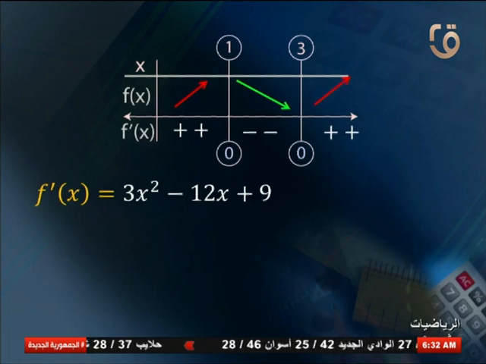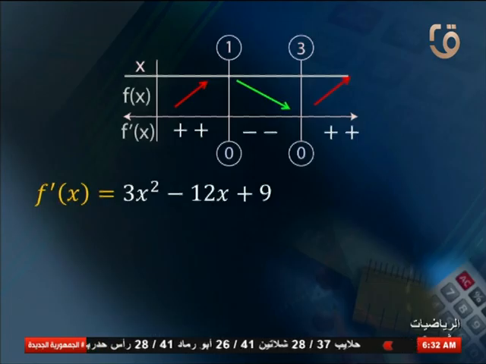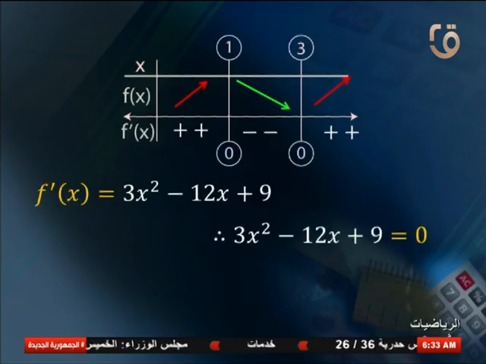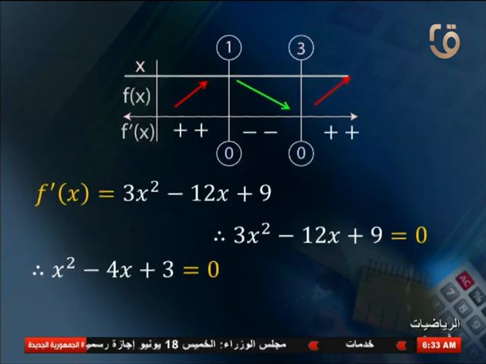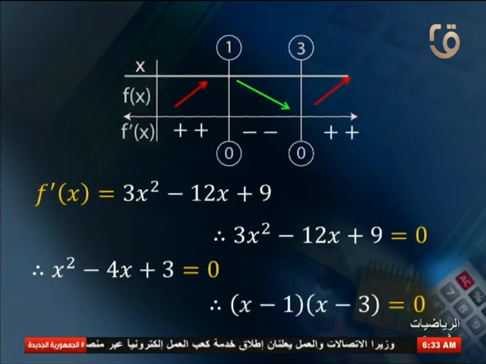At the first, we put f dash of x, the first derivative, equals 0, then find the value of x. By using factorization or calculator, we know that x squared minus 4x plus 3 equals 0, after taking 3 as a common factor. Then we deduce that x minus 1 inside bracket and x minus 3 inside bracket equals 0.